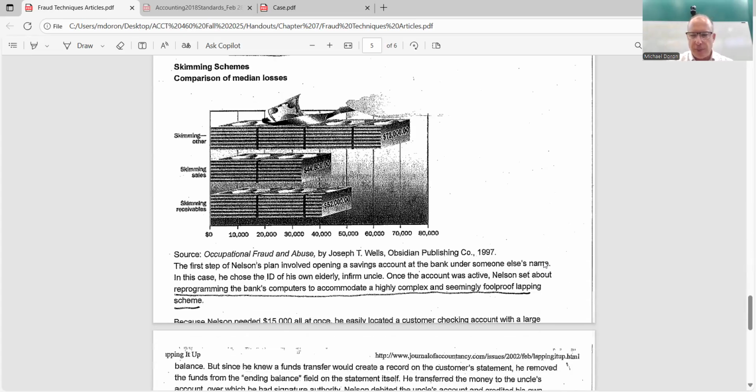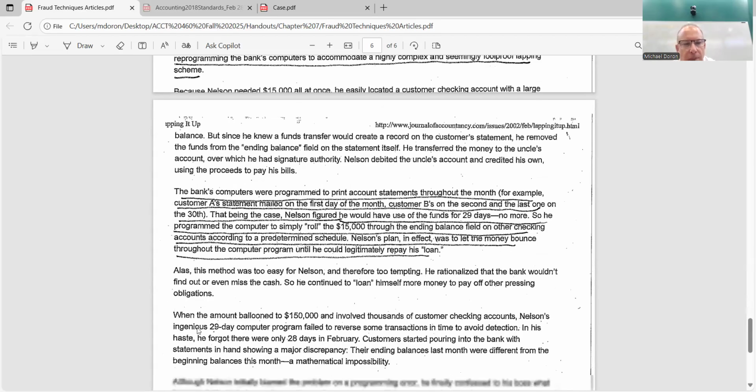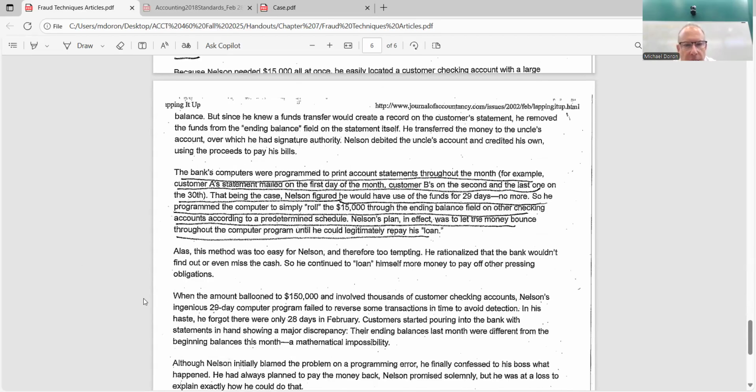Okay, so what did this guy do? Nelson set about reprogramming the bank's computers to accommodate a highly complex and seemingly foolproof lapping scheme. How does that work? The bank's computers were programmed to print account statements throughout the month. For example, customer A's statement was mailed on the first day of the month, customer B's on the second, and the last one on the 30th.